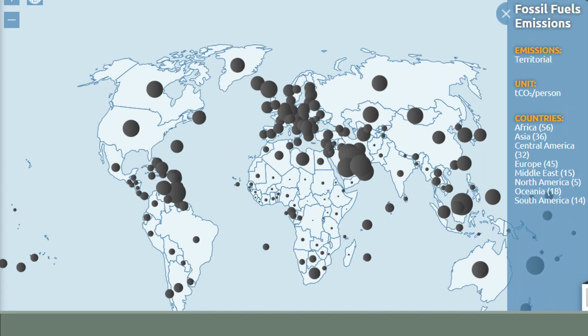If we look at this again, and now we think about it as carbon dioxide per person, well, now it's rebalanced again. And I think carbon dioxide per person, if we think of the world as having a carbon budget, is if every person was allowed access to a certain amount of carbon dioxide emitting activities to subsidize their lifestyle, right?